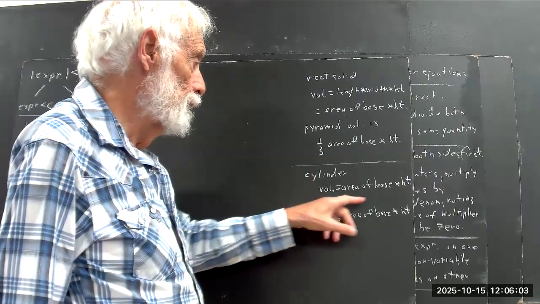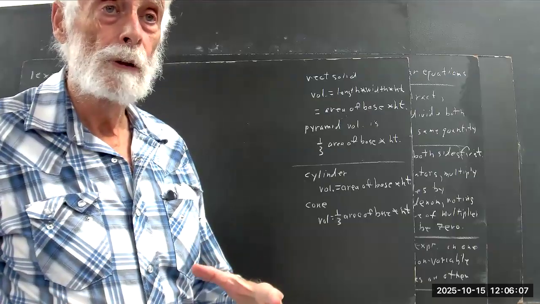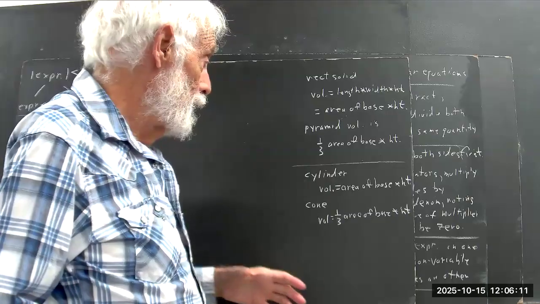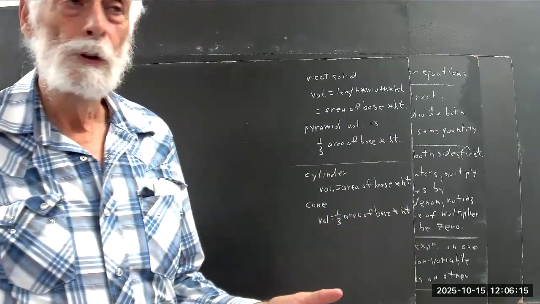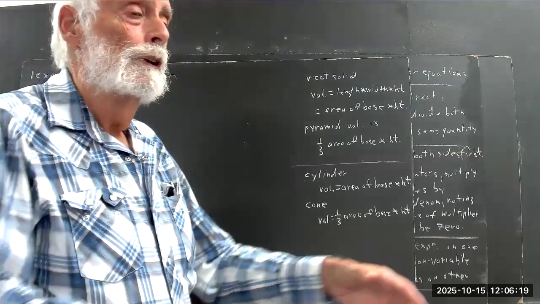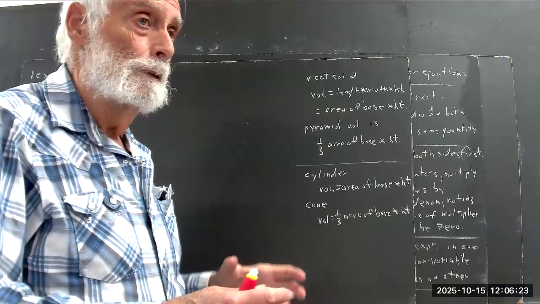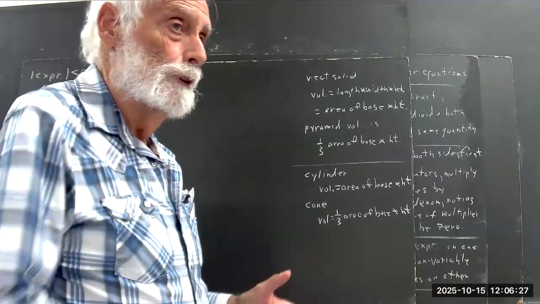And same for cylinder, whatever the base is, if it's a circle, the area is going to be pi r squared, okay? If it's something else, again, it's probably something you can't calculate with what you know, but it still works if you know the area of the base, no matter if the base is elliptical or some weird curve, okay?